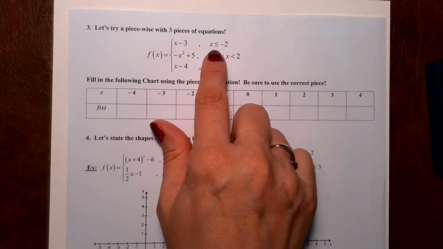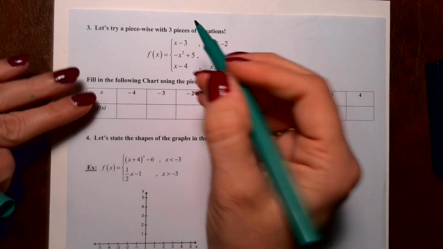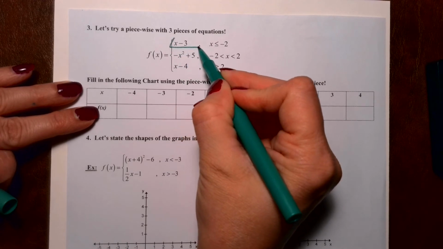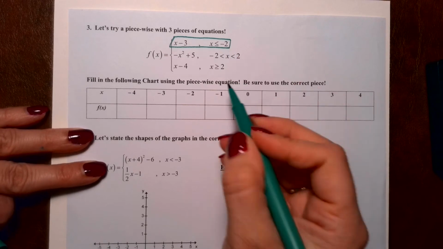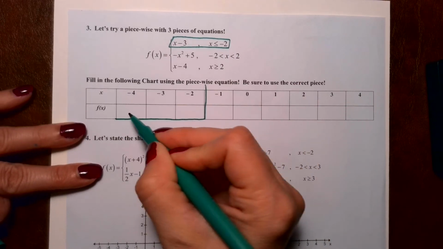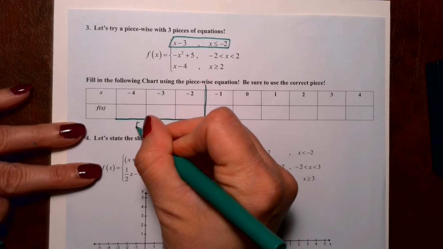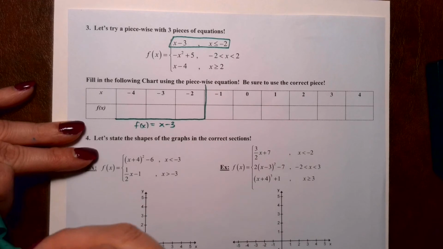The first piece is for numbers that are less than or equal to -2. So you would want to use this line equation if you're less than or equal to -2. All of these values here, we're going to use the f of x that's equal to x minus 3.